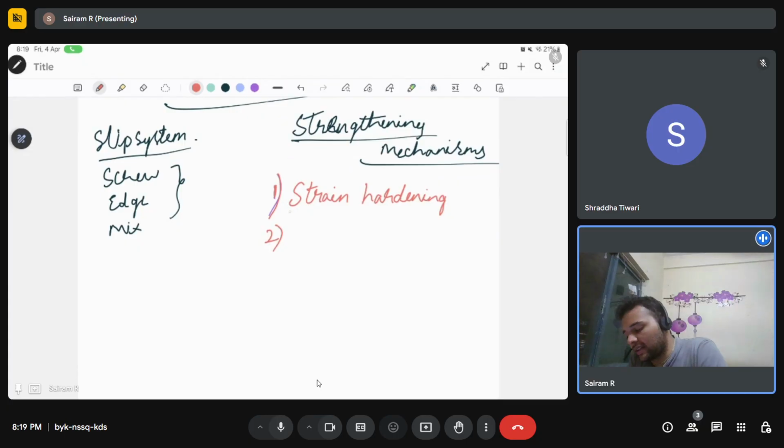We saw the details of strain hardening last week only. The second one was grain boundary strengthening. Third one was solid solution strengthening.